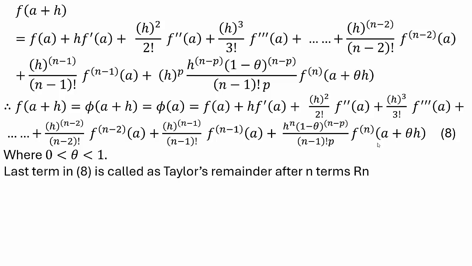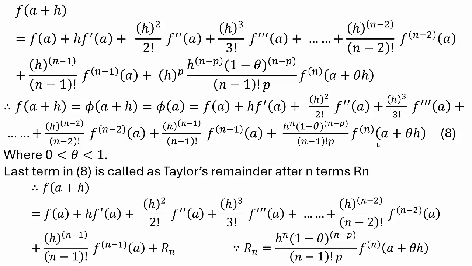The term in 8 is called Taylor's remainder after n terms, Rn, and Taylor's theorem states that f of a plus h equal to f of a plus h f dash a plus h square by factorial 2 f double dash a plus h cube by factorial 3 f triple dash a plus so on, h raised to n minus 1 divided by n minus 1 factorial f^(n-1) a plus Rn.